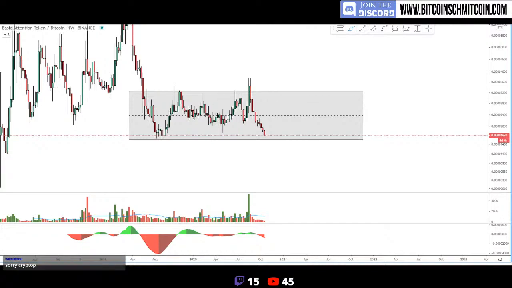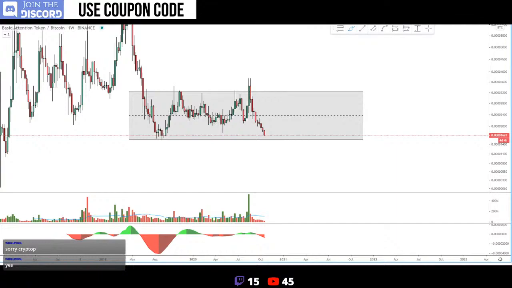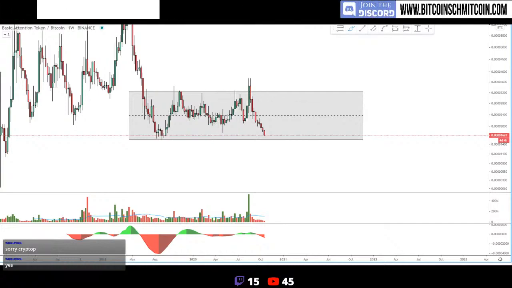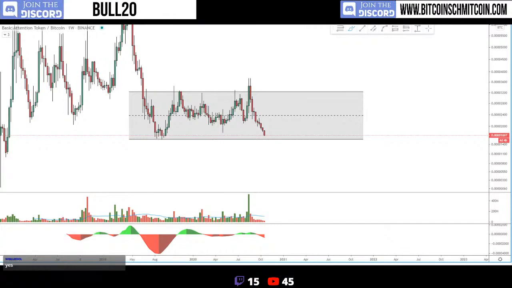So I think no matter what happens with the election, it's bearish for the dollar. That's just the way I see it. I don't see a bullish case for the dollar, no matter who wins. And that, of course, is going to be bullish for crypto. So I think it doesn't matter. The writing's on the wall.